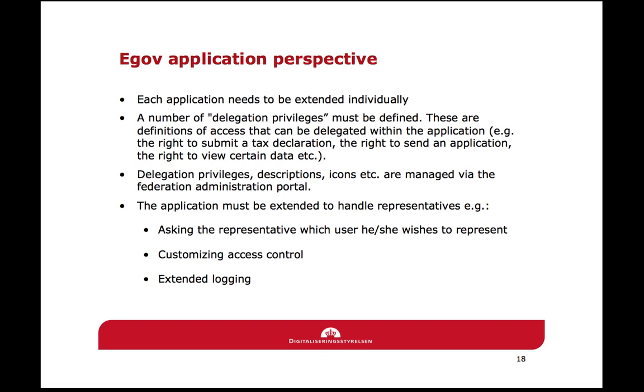So they are actually definitions of access that can be delegated within the specific application. For example, if it was a tax application, it could be the right to submit a tax declaration. It could be the right to see data or see prior submissions. So this is all application specific.